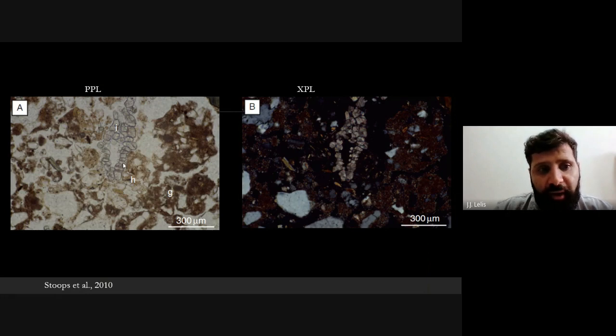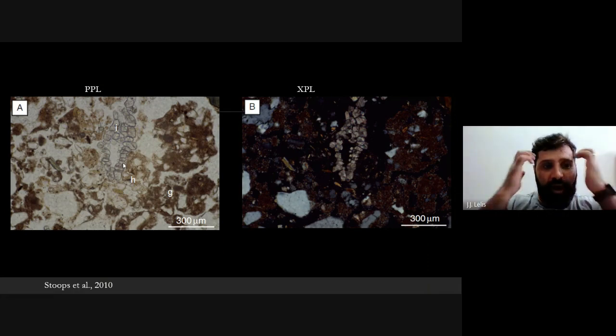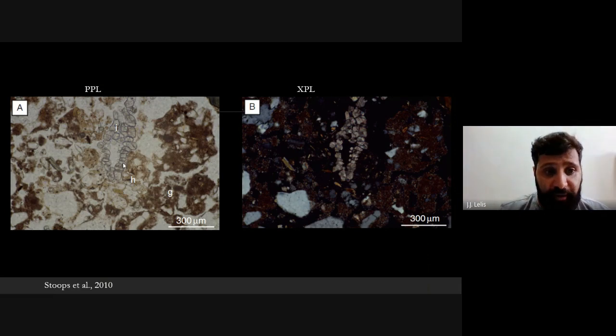So if they are crystals of calcium carbonate, sodium chloride, or any other kind of salt, that tells us, okay, we have a specific chemical condition that favors the precipitation of an evaporite, a specific mineral related to watering and now reprecipitation of these ions as salts.